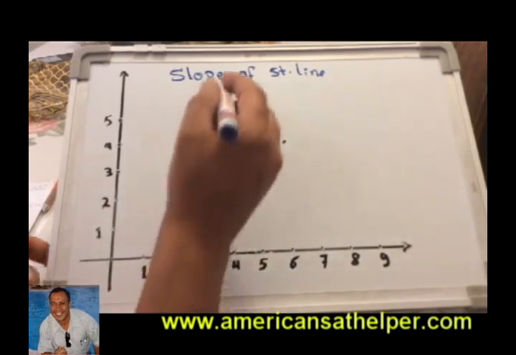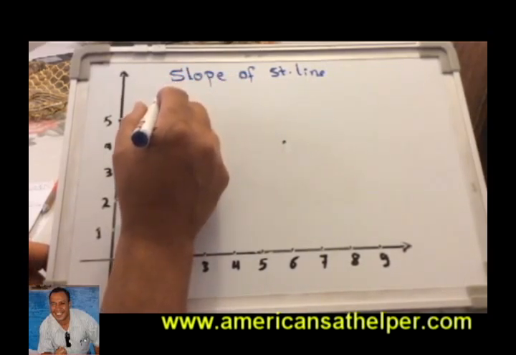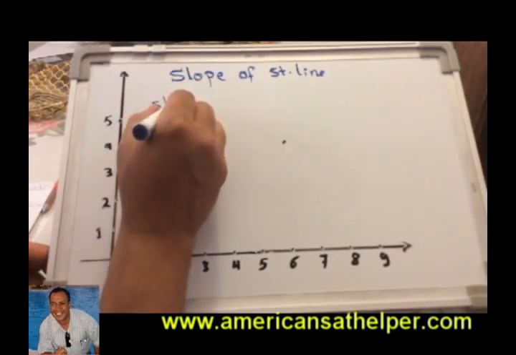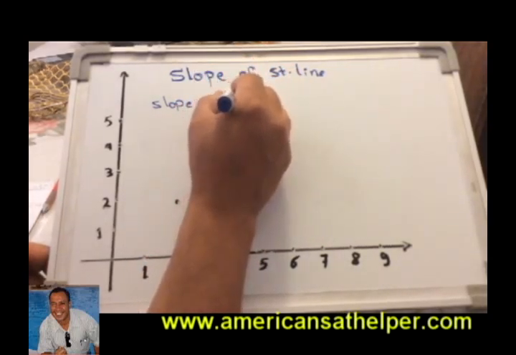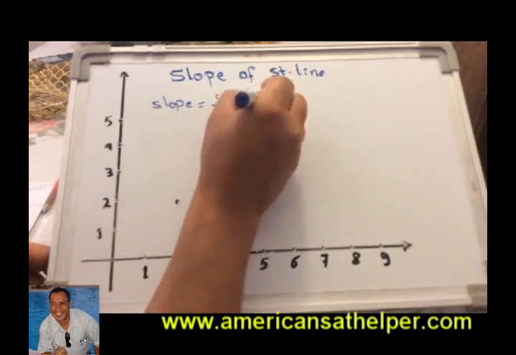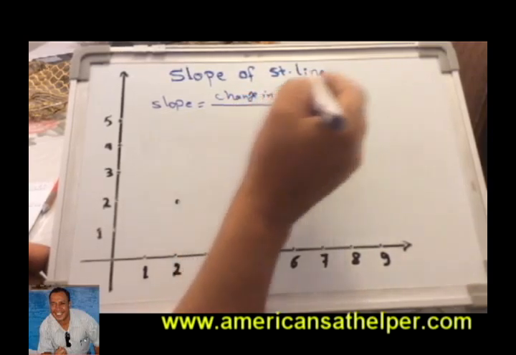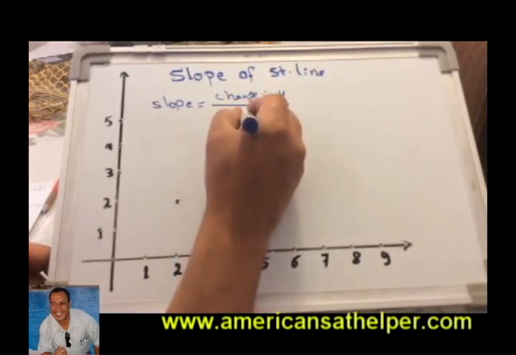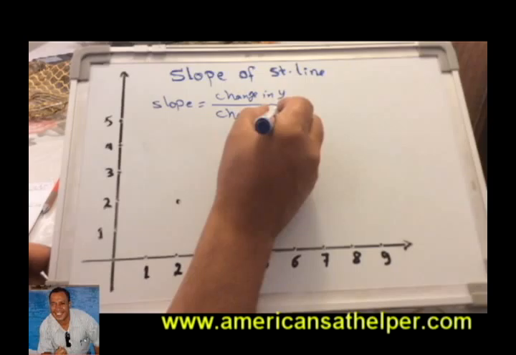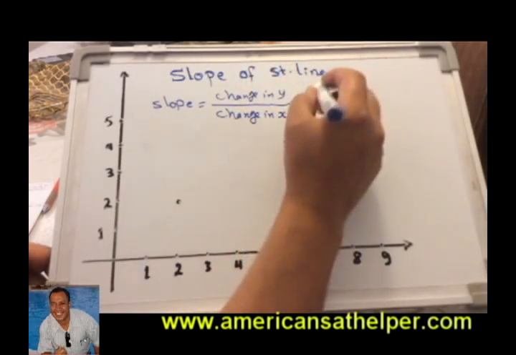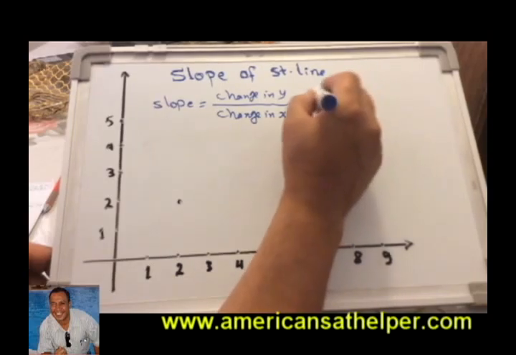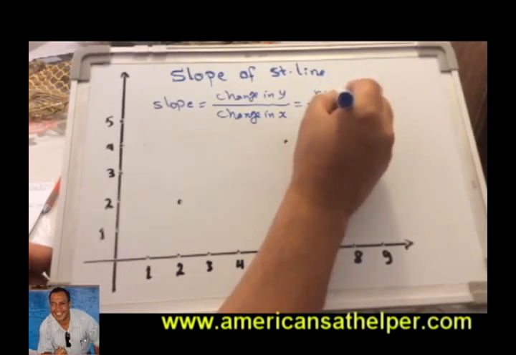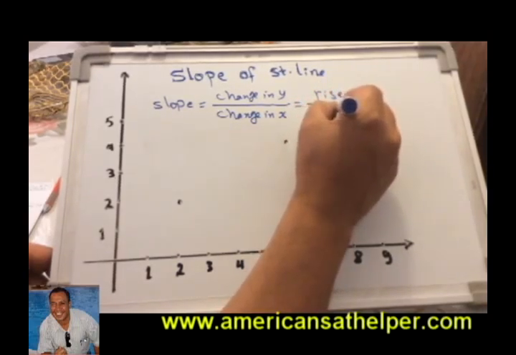We can find the slope of a line by using the rule: slope of a line equals a change in y over a change in x. Or we can use another formula, which is rise over run.